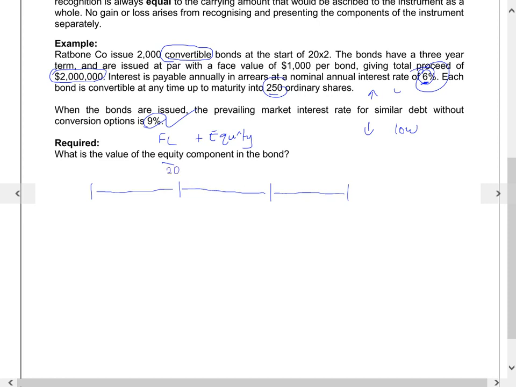How much? $1,848,123. Okay. So this is my financial liability.